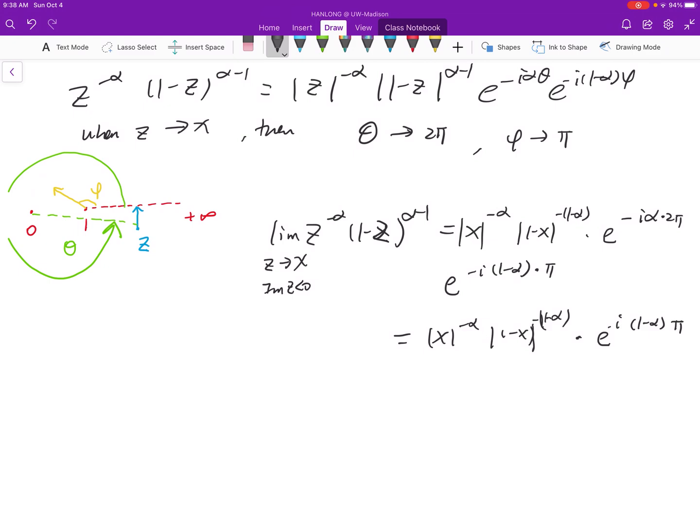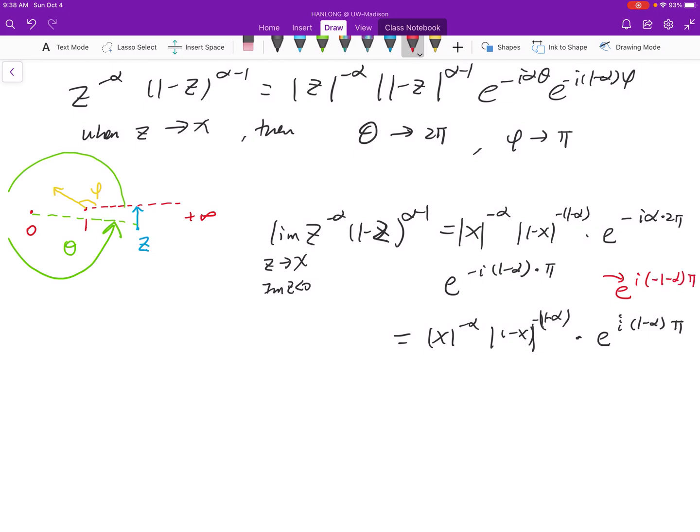If you directly sum them up, you get exponential, sorry, not negative, it's i times negative 1 negative alpha times pi.